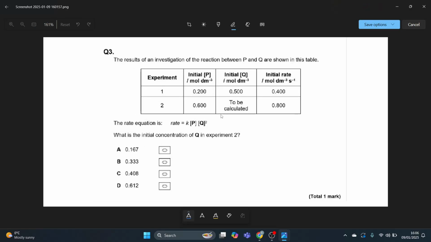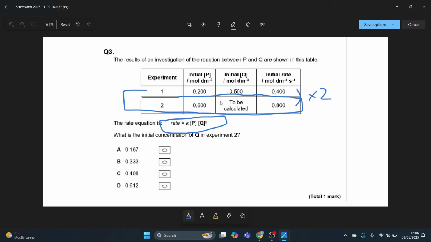Question 3. The results of an investigation of the reaction between P and Q are shown in this table. The rate equation is that. What is the initial concentration of Q in experiment 2? Okay, so experiment 2 is clearly this one. We want to find the initial concentration of Q. Now, we know that the initial rate goes from 0.400 to 0.800, so it's doubled the rate.